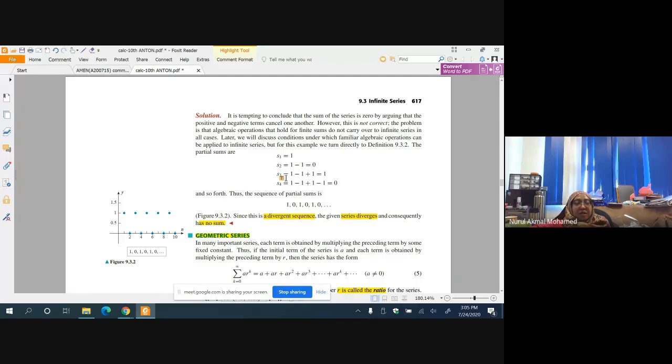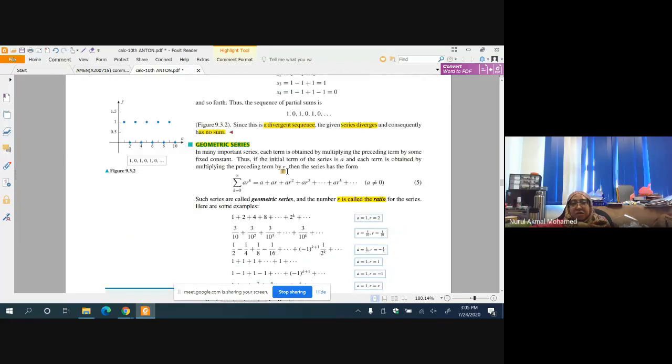Okay. Next, let's go to the first type of series, which is the geometric series. The geometric series is written as the summation, with k starting from 0 up to infinity, of ar to the power of k.